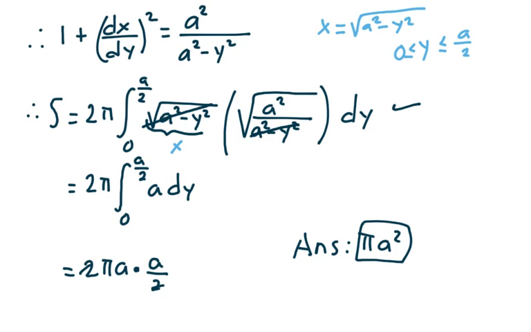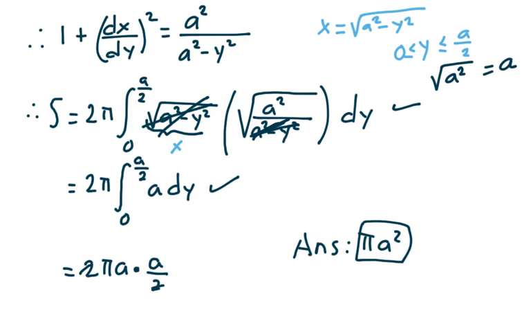And I'm going to multiply that by the square root of a squared over a squared minus y squared. And remember, a is greater than or equal to 0. So I can freely say that the square root of a squared is really a. And so this is 2 pi times the integral from 0 to a over 2 of a dy, because the square root of a squared minus y squared will cancel out the one over here. And that's literally what we're left with.